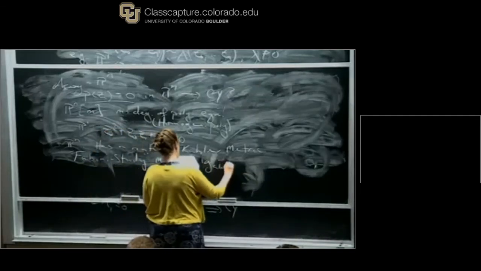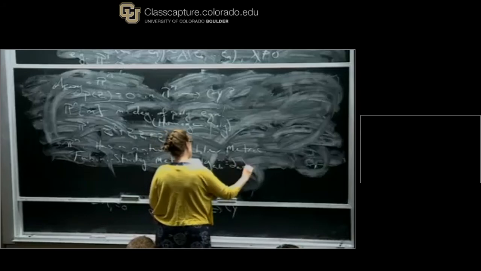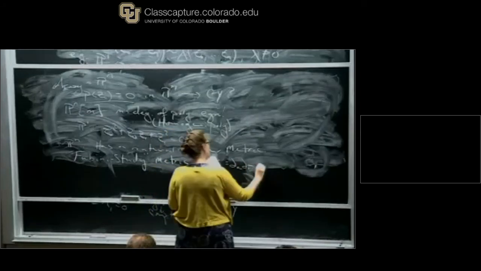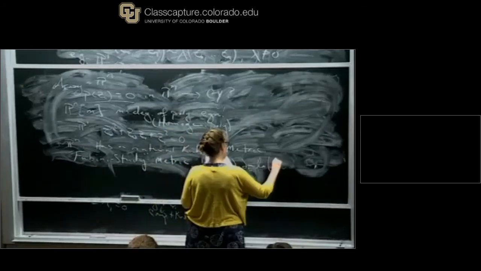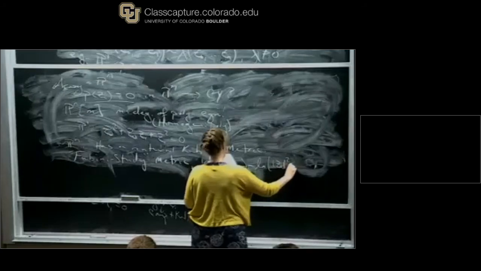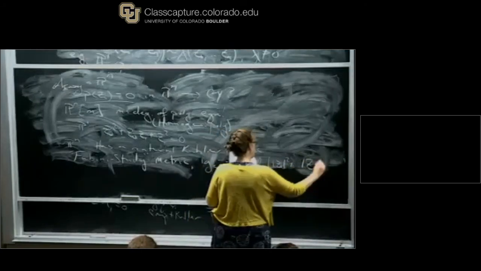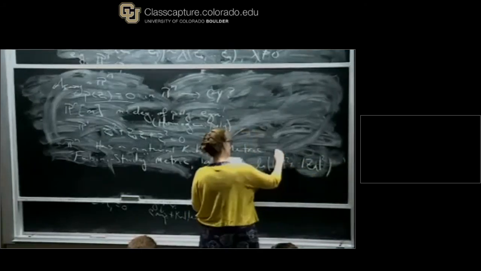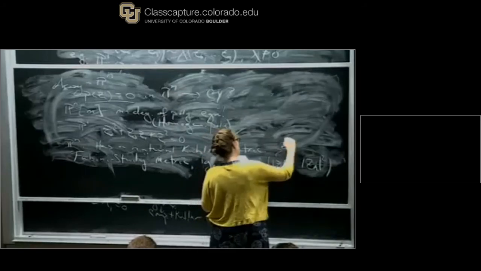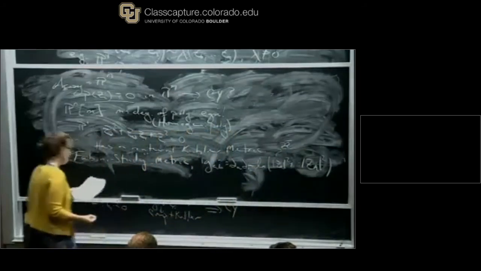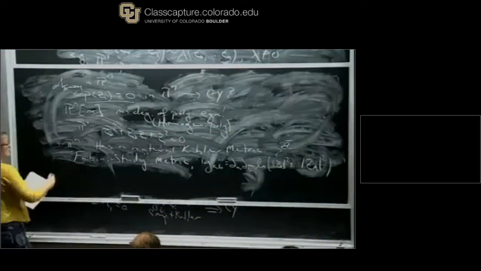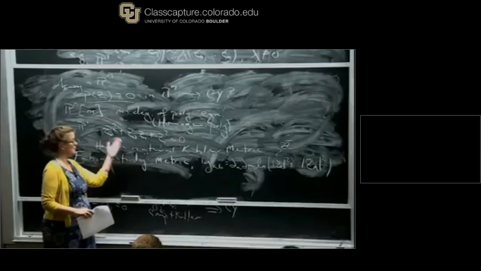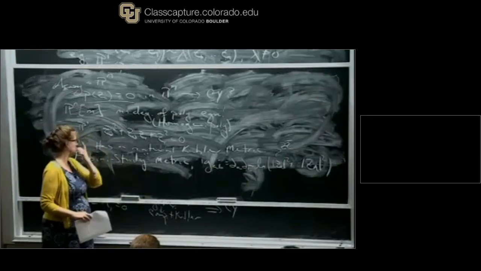G a b bar can be written as 2 derivatives, d_a d bar_b, of the natural log of the mod squared of the coordinates z0 up to zn squared, where this mod squared is z z bar terms to make this real. This metric is well defined and Kähler on any projective space. It makes sense as a good metric on projective space.